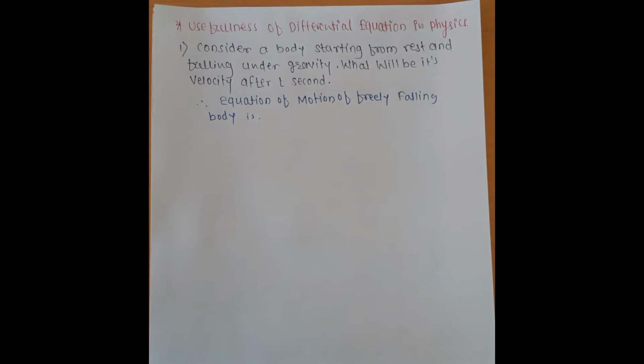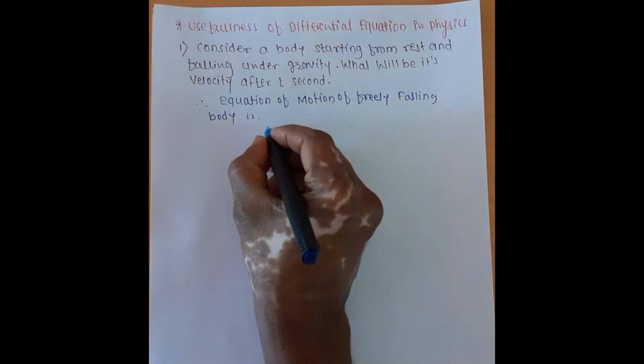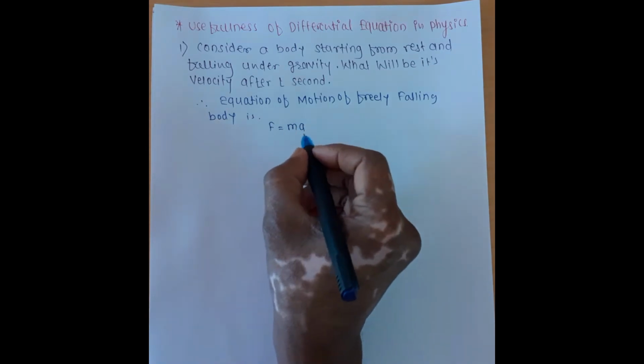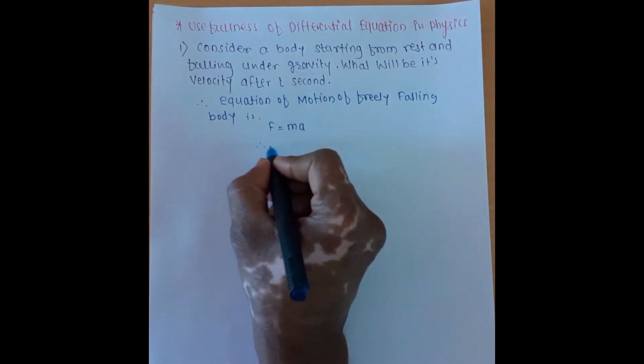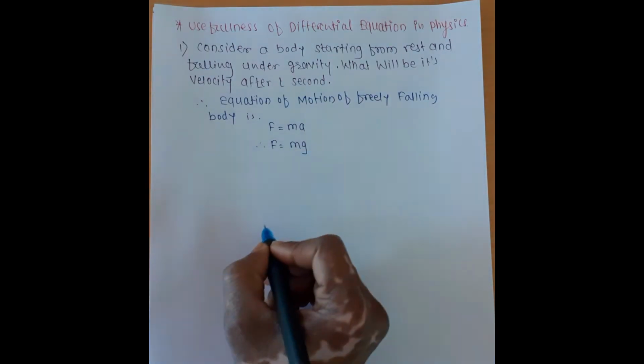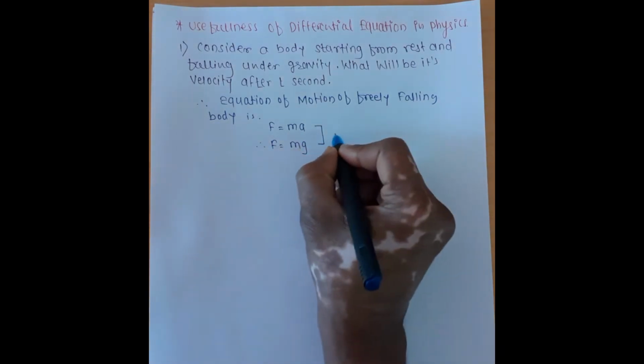You know Newton's second law of motion. Newton's second law of motion is what? That is F equals ma. F is also written as mass times gravitational field, so these two equations are the same.